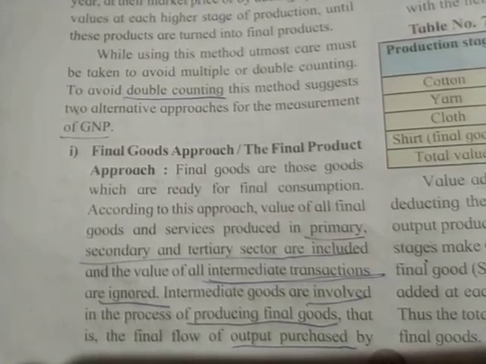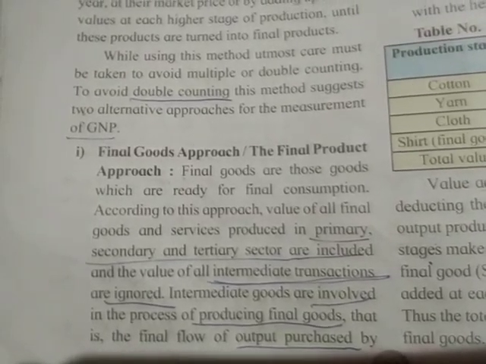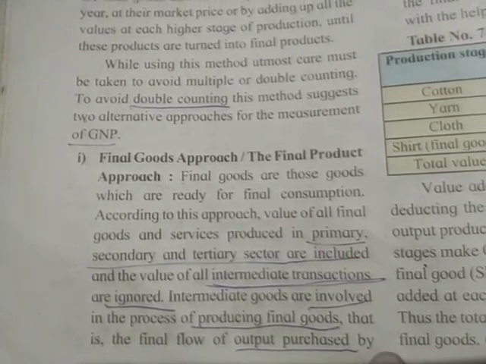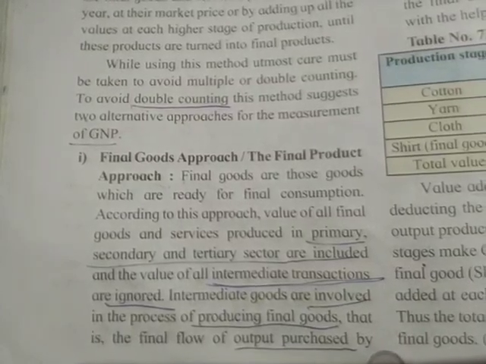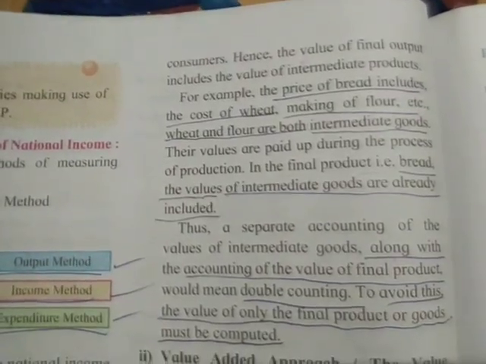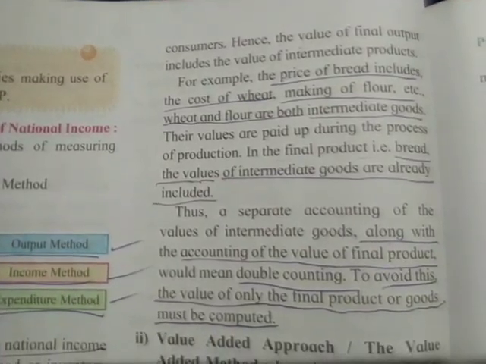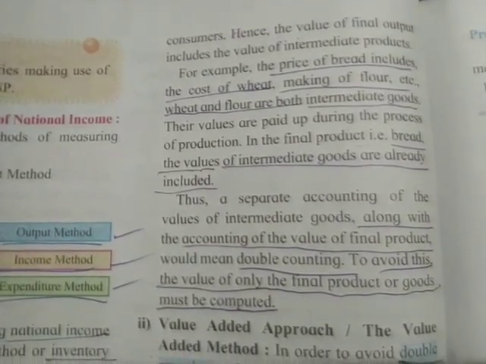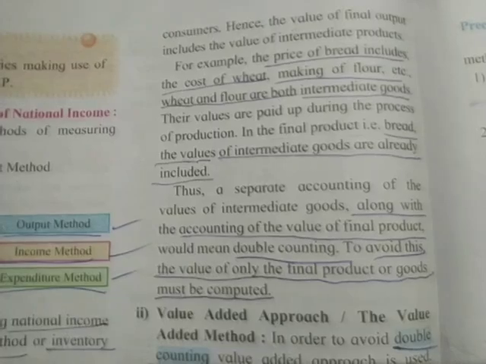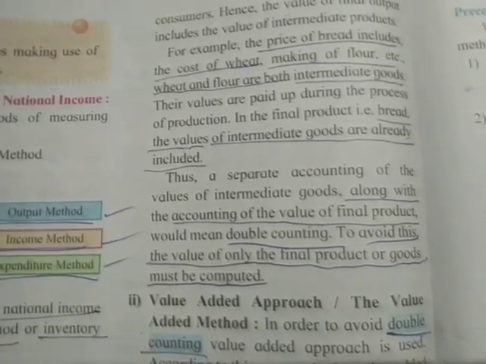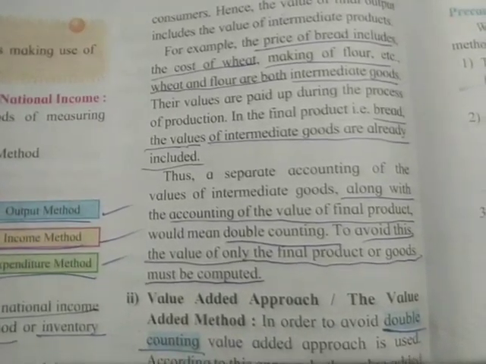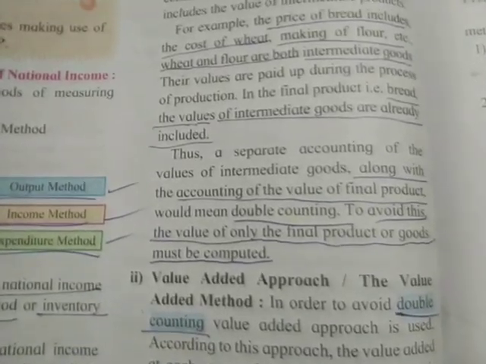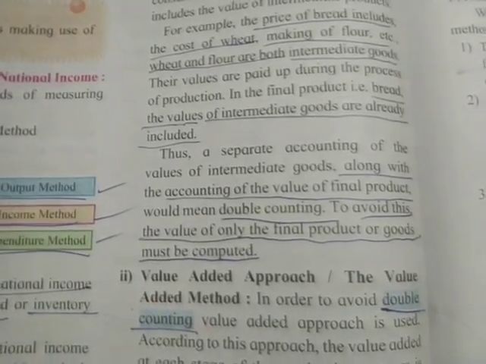Intermediate goods are involved in the process of producing final goods, that is, the final flow of output purchased by consumers. Hence, the value of final output includes the value of intermediate products. For example, the price of bread includes the cost of wheat, making of flour, etc. Wheat and flour are both intermediate goods.